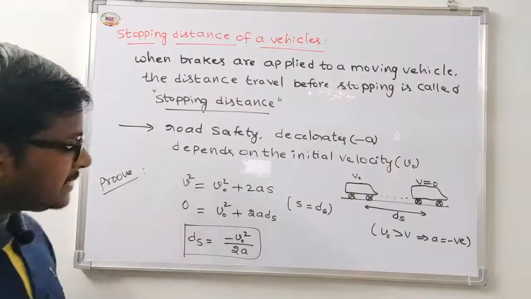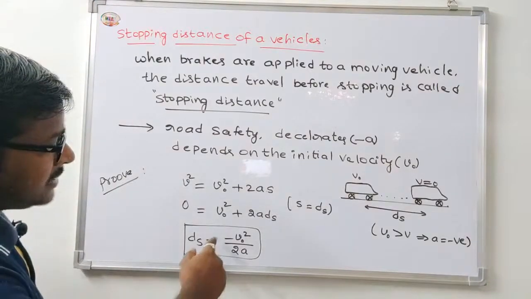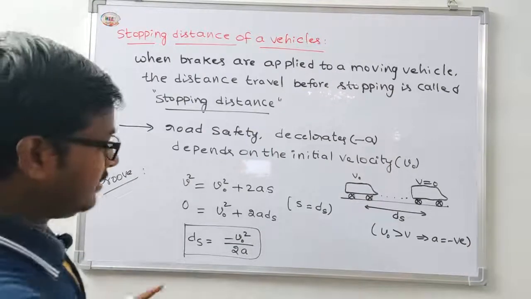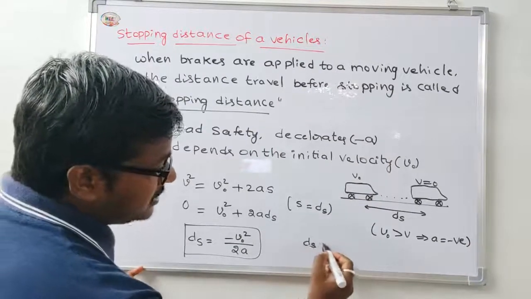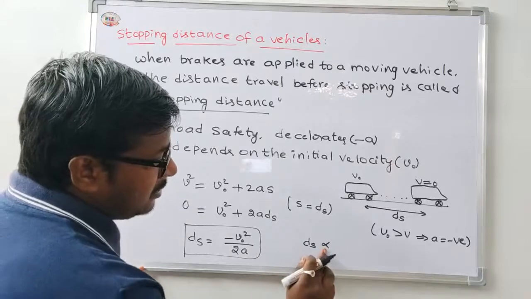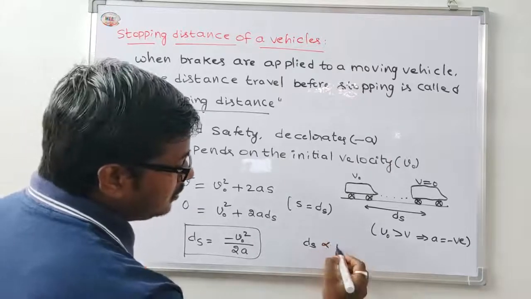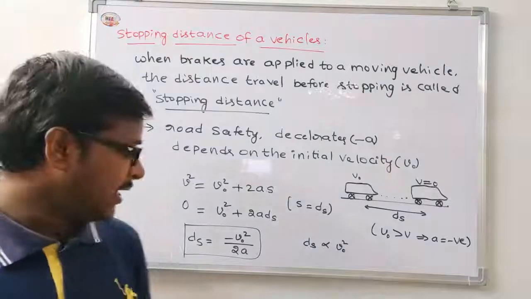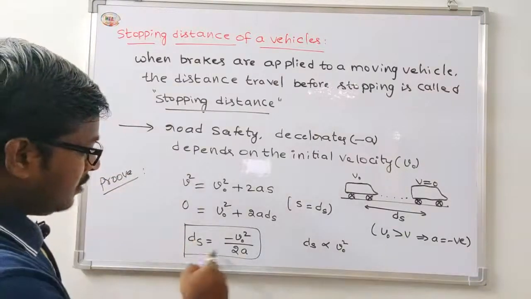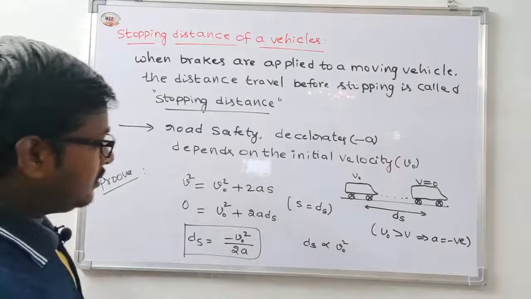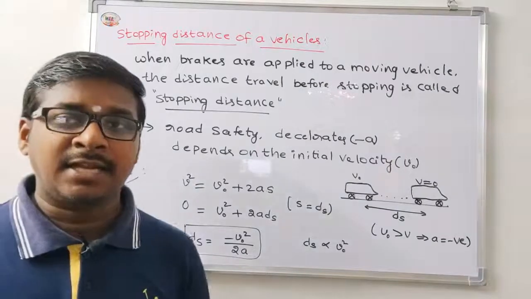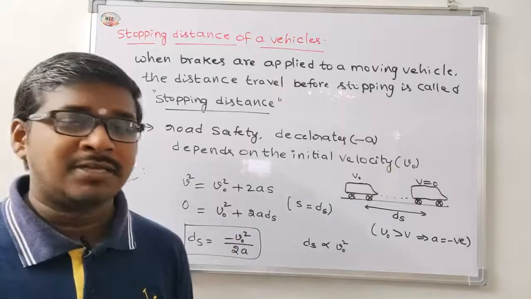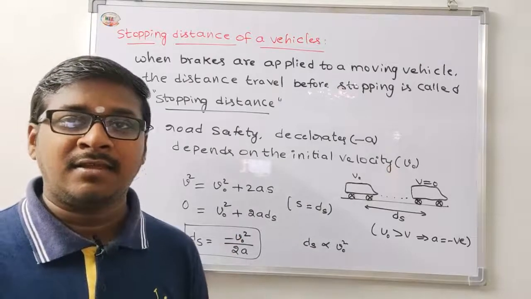The stopping distance is directly proportional to the square of the initial velocity. If the initial velocity is doubled, the stopping distance increases by a factor of 4 times.